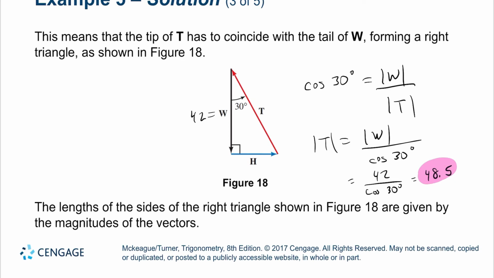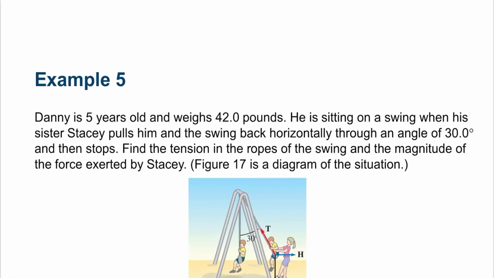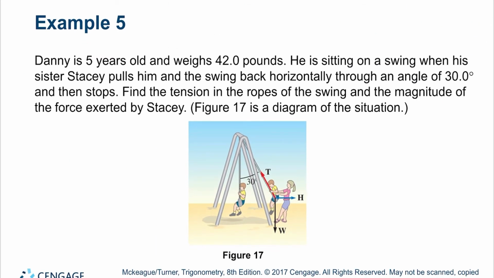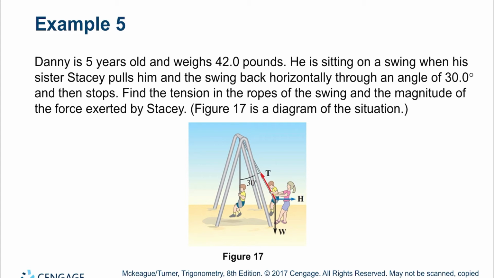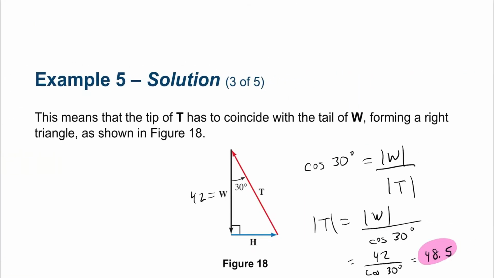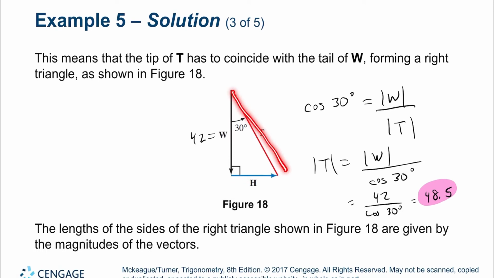And let's see, what else do they want us to find? Find the tension in the ropes of the swing and the magnitude of the force exerted by Stacy. So now we've got to find the h vector. Now that we have T, we should be able to find h as well. We can use opposite over adjacent this time. Tangent of 30 degrees is opposite over adjacent.